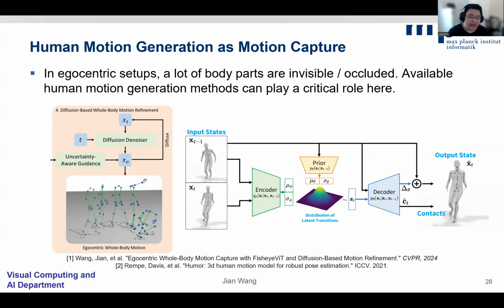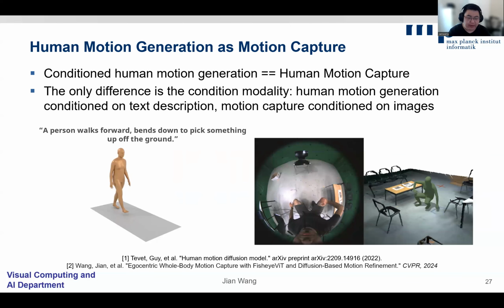We have also already seen a very good trend of combining human motion generation methods into the motion capture domain. In this previous paper, we used a diffusion-based whole-body motion generation method as a motion prior to refine human body poses, and we also have the HuMoR method that captures 3D human motions with a VAE generative model. So there is an idea: can we use one single model for generating human motion that accepts different modalities, like text, images, and other types of modalities as input?